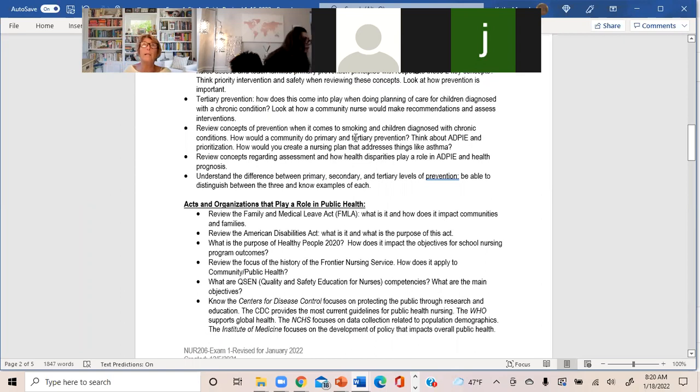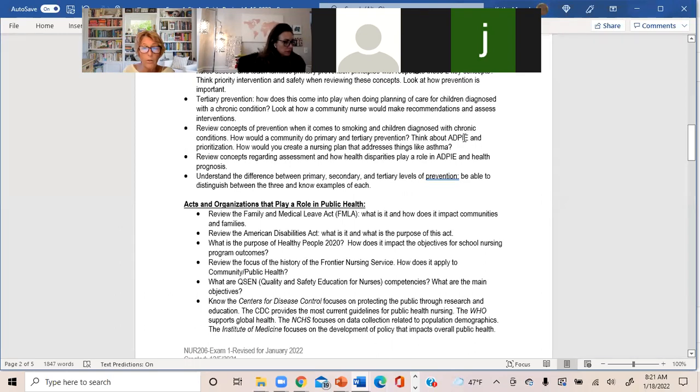How would you do a family assessment? What if the adults smoke? What if the kids have asthma? Okay, well, think of your ADPI. You've done an assessment. You go through the whole ADPI planning, helping the parents plan on how they're going to either stop smoking or do it differently.